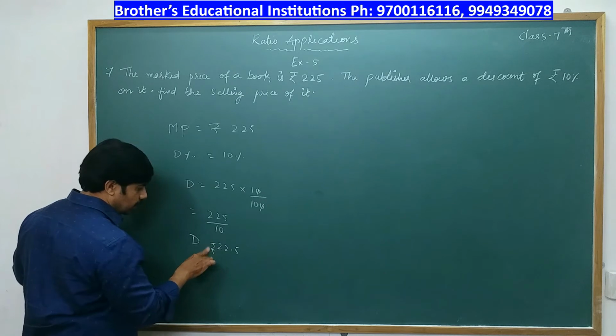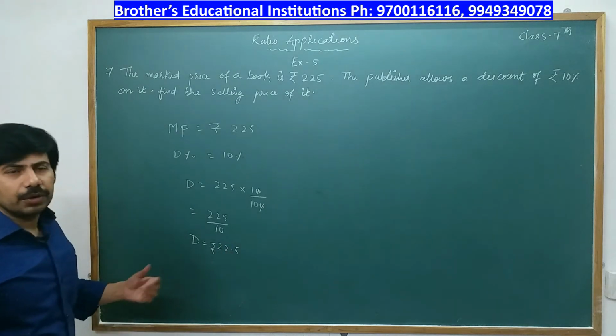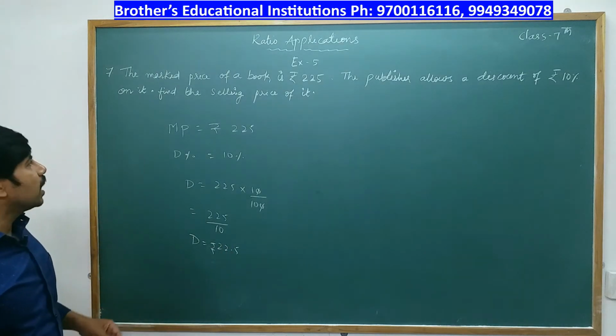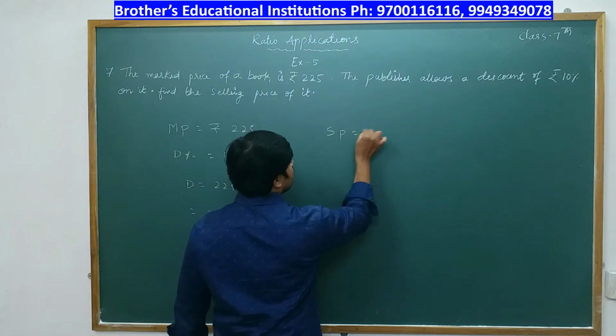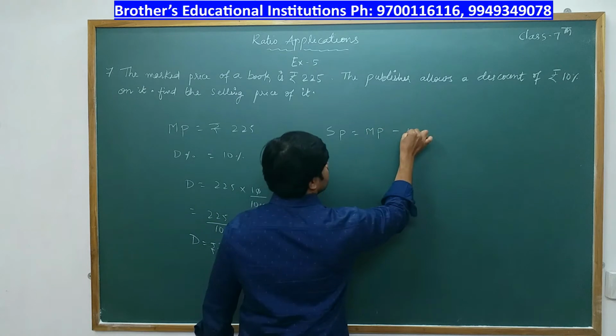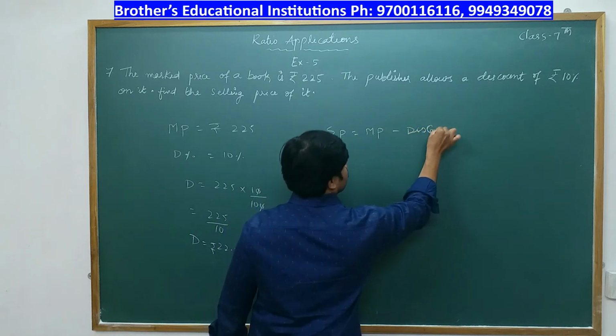This is the discount, rupees 22.5. Now after this discount, we are asked to find the selling price. Selling price is nothing but marked price minus discount.